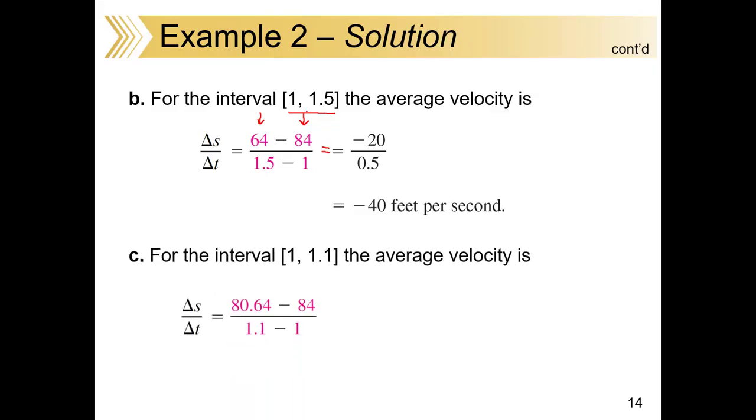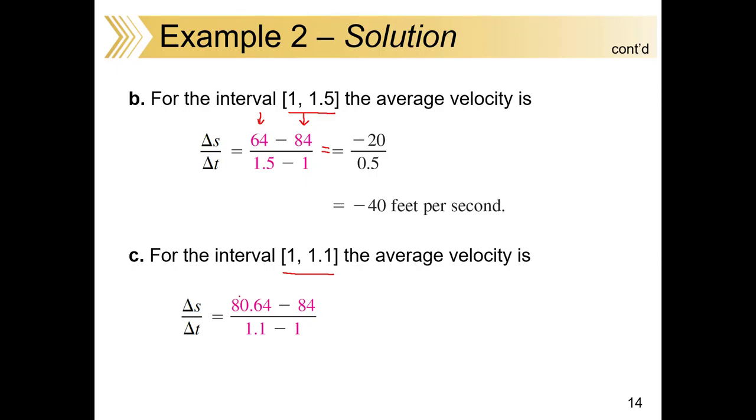Next, for the interval 1 to 1.1. All of these start at 1 second, but they end at different places. For this one, on the bottom, take the easy one. The 1.1 second comes second, so we subtract that minus the first time.